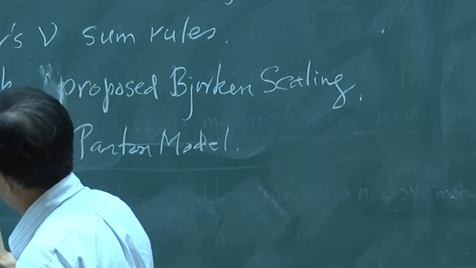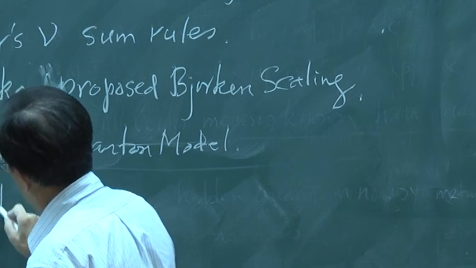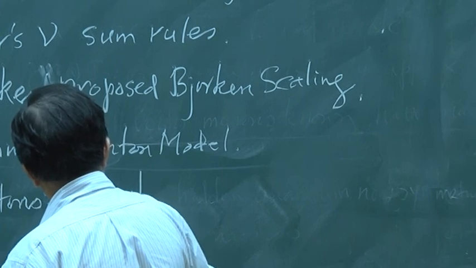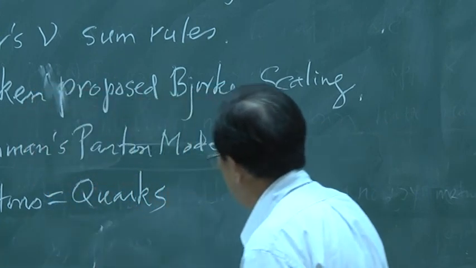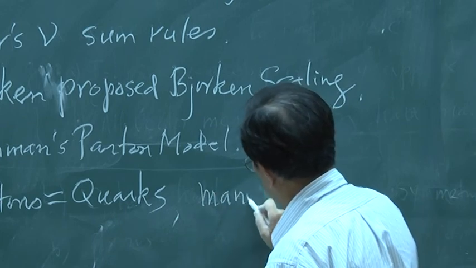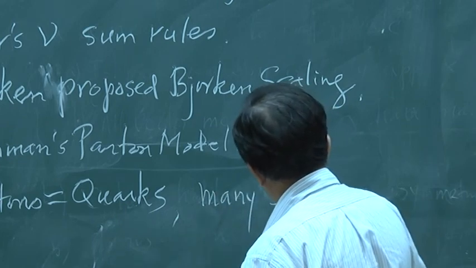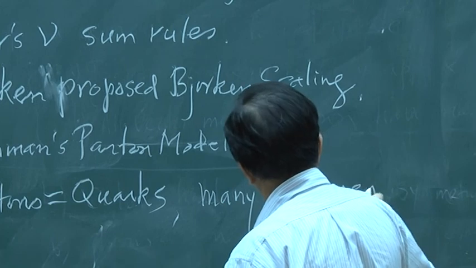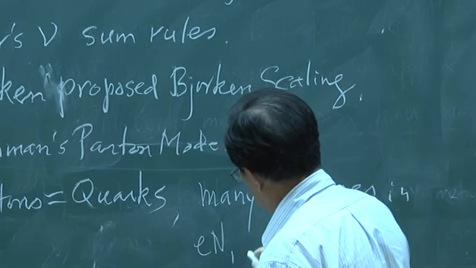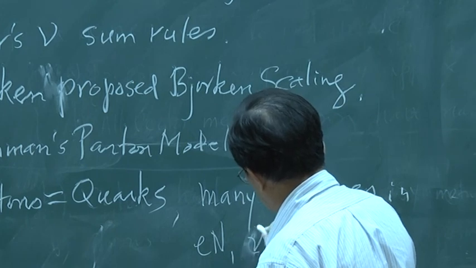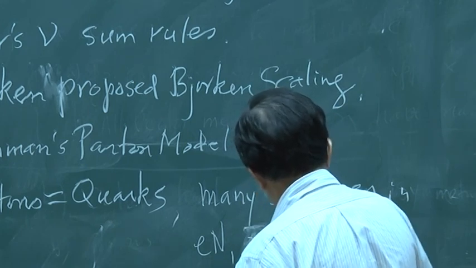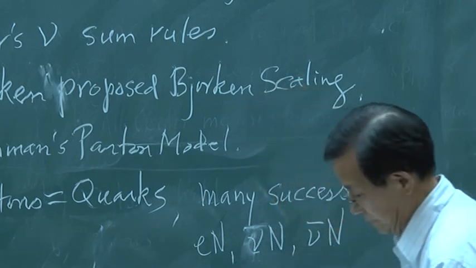And then if you identify the partons with quarks, then as I mentioned, there are many successes in electron and neutrino scattering, okay?